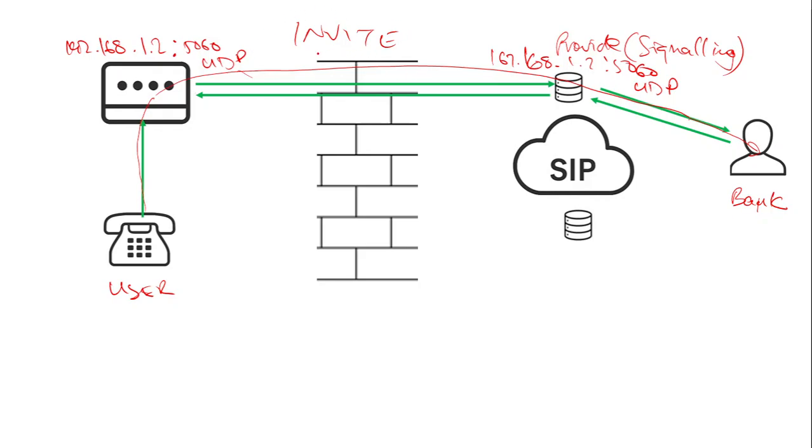The firewall should be able to change this 192 at the exit interface to the public IP address of the firewall, 1.11 port 5060 here. If the firewall fails to do this, then this call is going to fail.